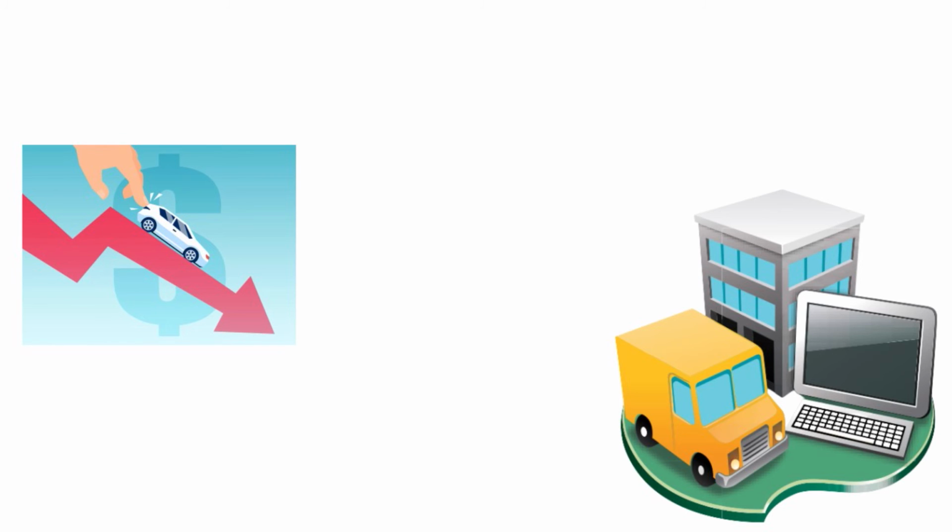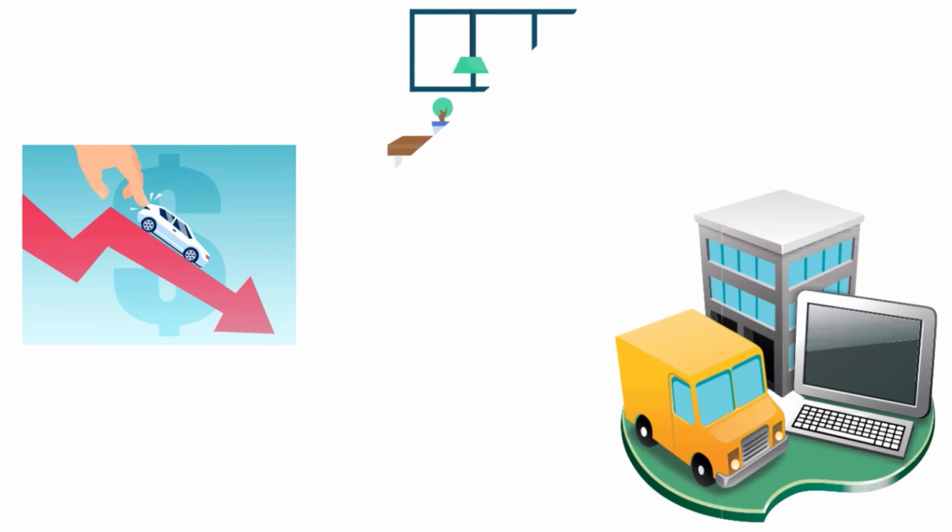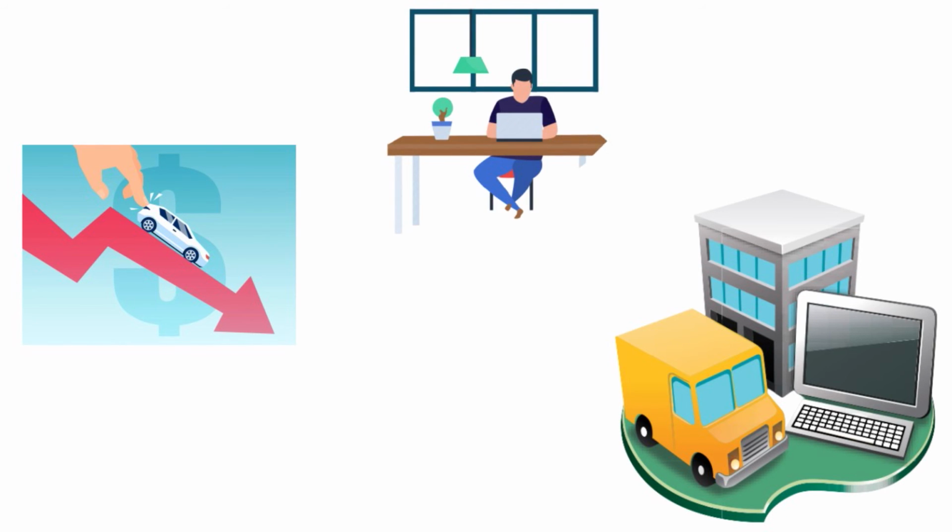If you amortize property, the part you amortize does not qualify for the Section 179 expense deduction or for depreciation. Each year you can deduct part of certain capital costs over a fixed period. So we have line 42 here on the screen. On line 42, you need to complete this only for those costs you amortize for which the amortization period begins during your tax year.